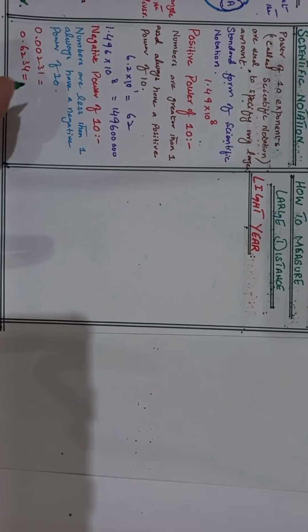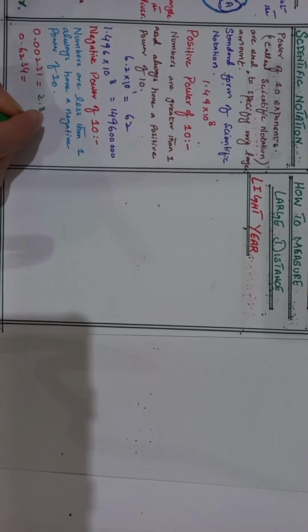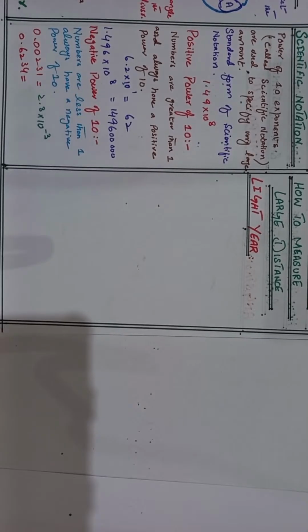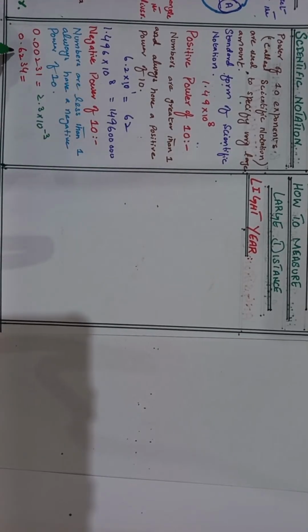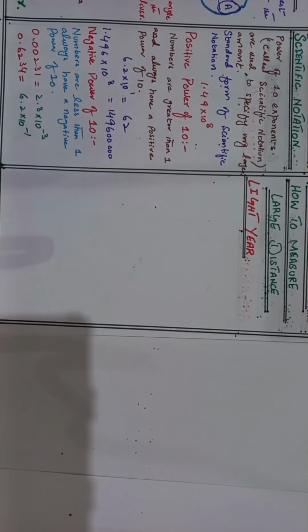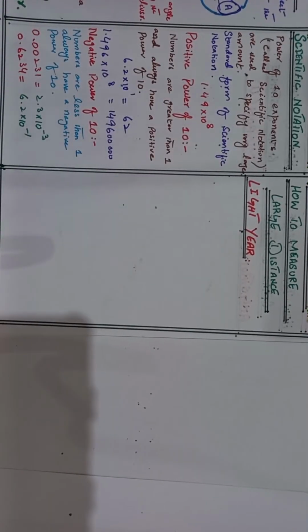Okay. So it becomes 2.3 into 10 to the power minus 3. Now its power becomes minus 3. Here we also move the decimal point from this place: 6.2 into 10 to the power minus 1. So this is the negative power of 10 when the values are less than 1, and the positive power of 10 if the numbers are greater than 1. So that is all about the scientific notation.